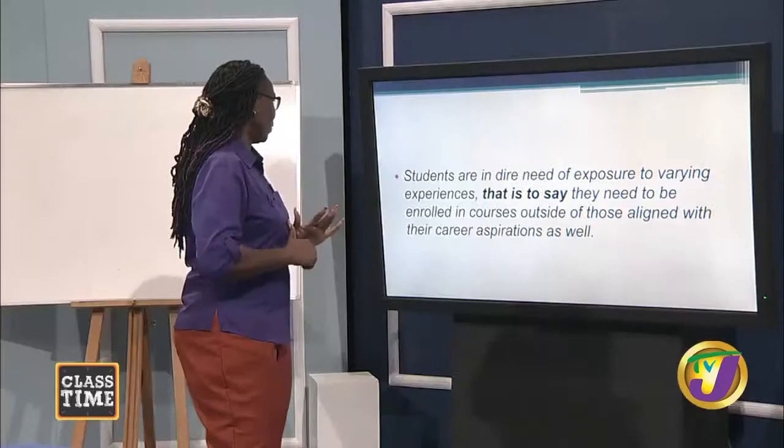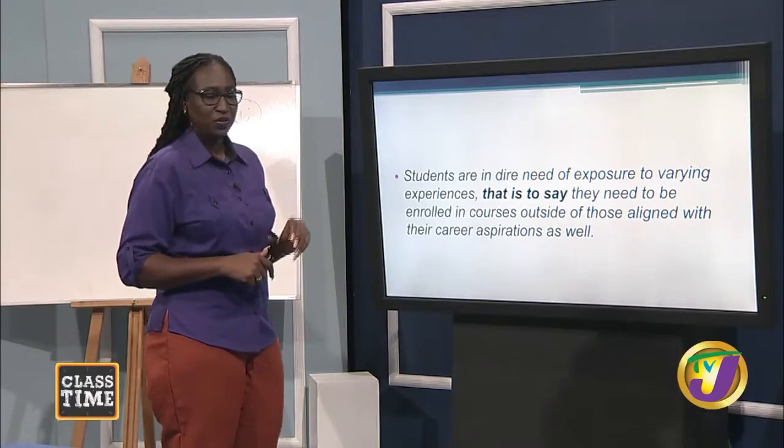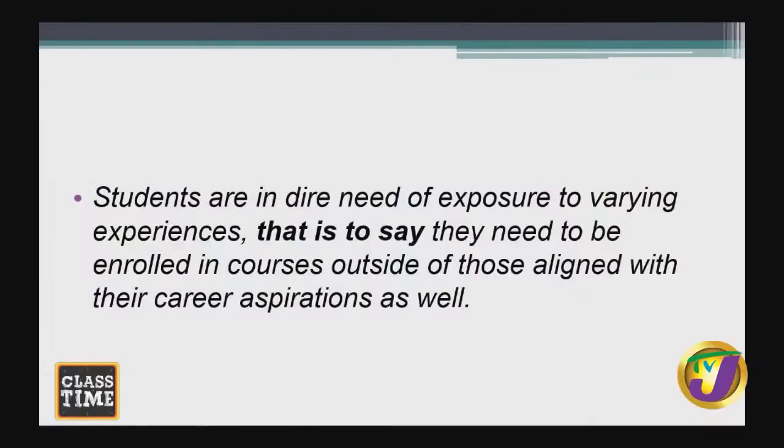All right, let's look at this one now. Students are in dire need of exposure to varying experiences. That is to say, they need to be enrolled in courses outside of those aligned with their career aspirations as well. What is that is to say doing in this sentence?